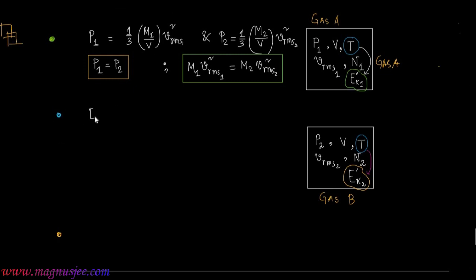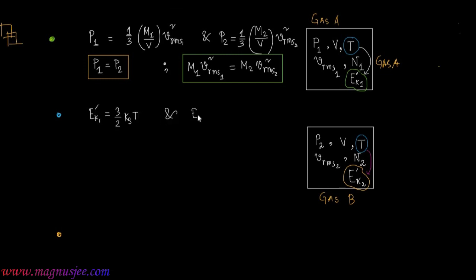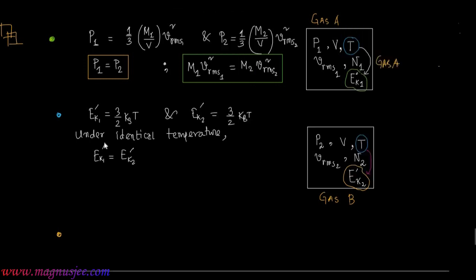Now, second point we have to memorize: EK1 prime is equal to 3 by 2 kT and EK2 prime is equal to 3 by 2 kT. These are the average kinetic energy of translation per molecule of the gas at the absolute temperature. Under identical conditions of temperature, EK1 prime will be equal to EK2 prime. That means the two gases will have the same average kinetic energy of translation per molecule.